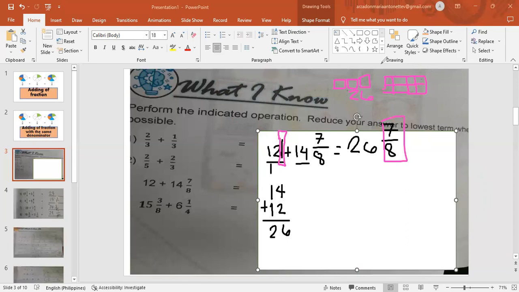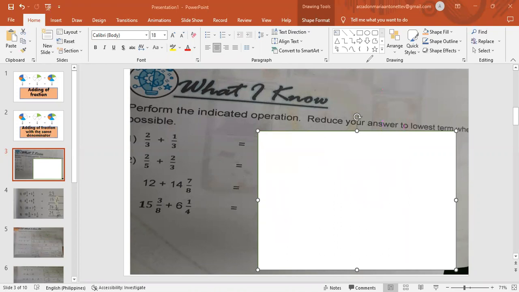But with 7 shaded. That's the meaning of that. Oh, 1 is missing. That's why this 26 cannot be turned to 27. Because from this one rectangle, the 1 is missing. You got it, guys? Class? So please be observant to this one.